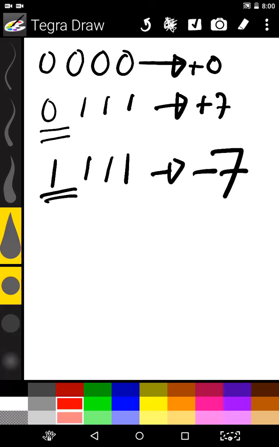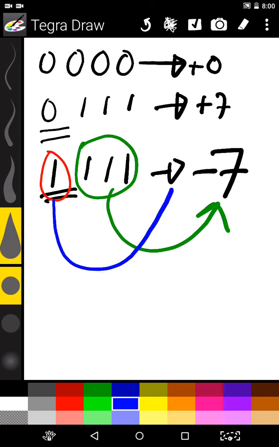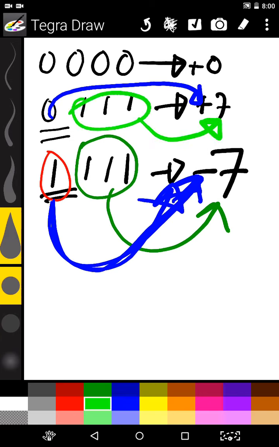The rest of the 3 bits are used for magnitude, and the 1 bit is used for the negative sign, the sign bit. Here 0 is used for the sign, and the rest of the bits express the magnitude.